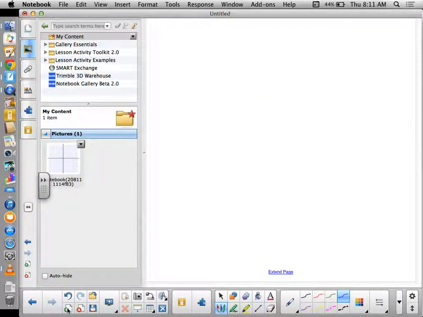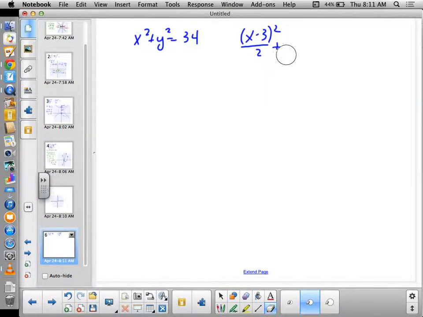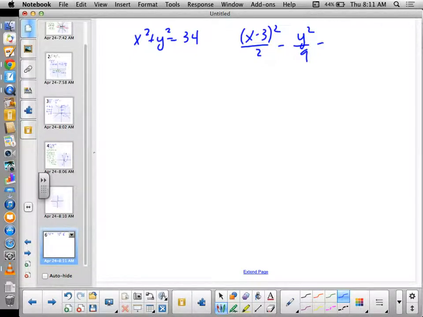Number 6. A lot of difficulty with number 6. x squared plus y squared equals 34, and x minus 3 squared over 2 minus y squared over 9 equals 1.